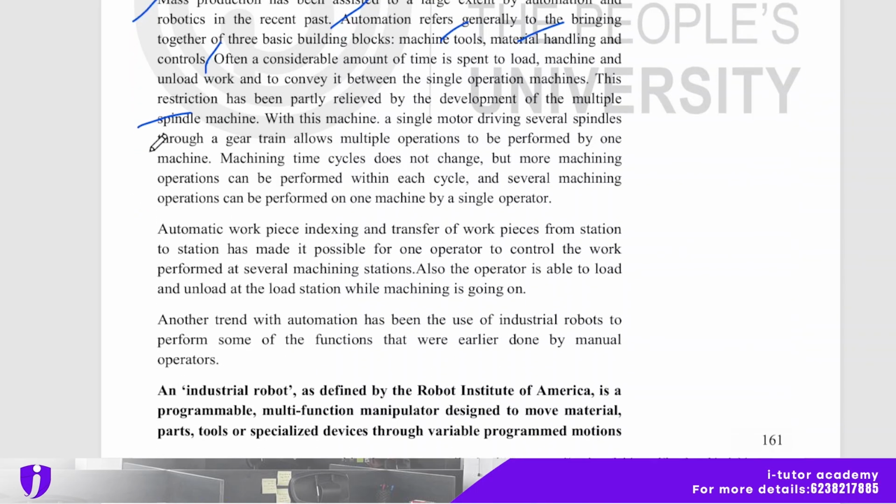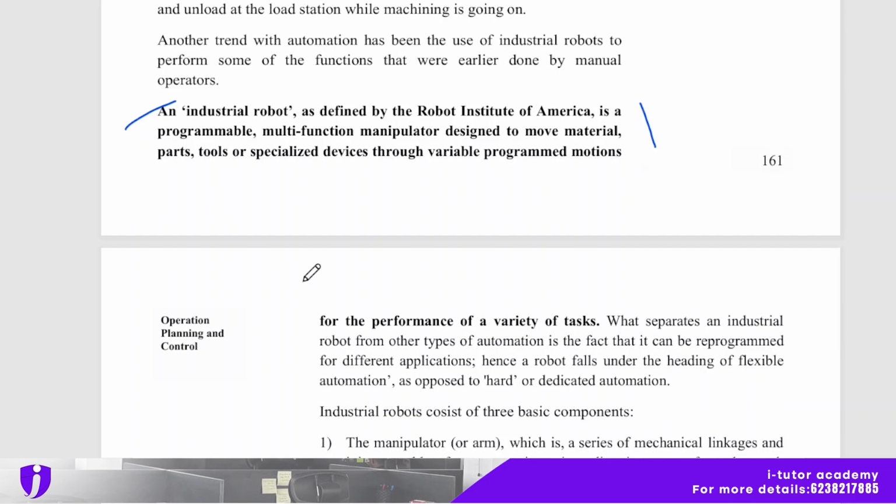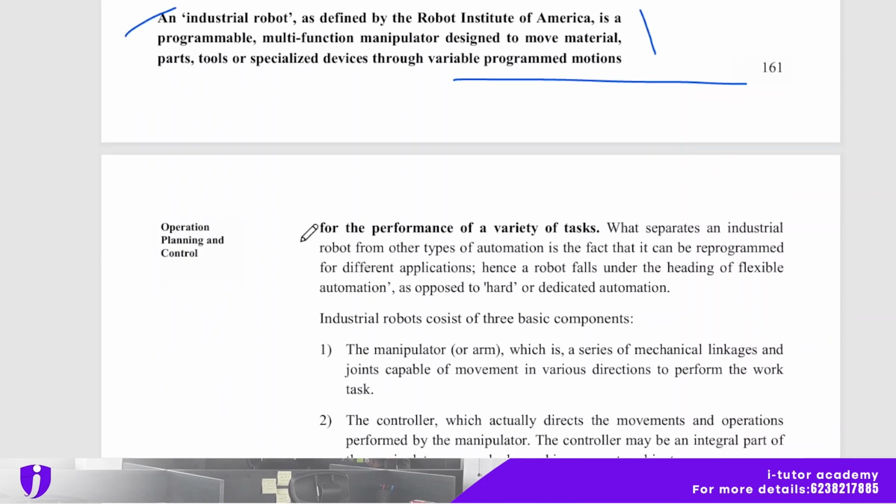With the machine, a single motor drives several spindles through a gear train, which allows multiple operations to be performed by one machine. And an industrial robot, as defined by the Robot Institute of America, is a programmable multifunctional manipulator designed to move material, parts, tools or specialized devices through variable programmed motions for the performance of a variety of tasks.